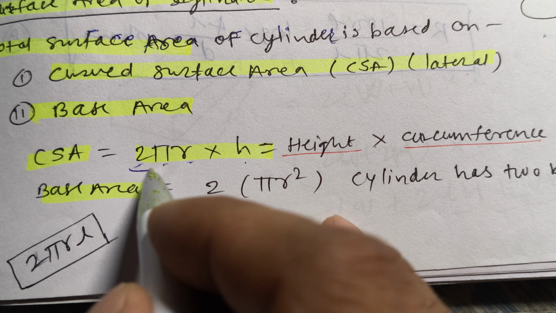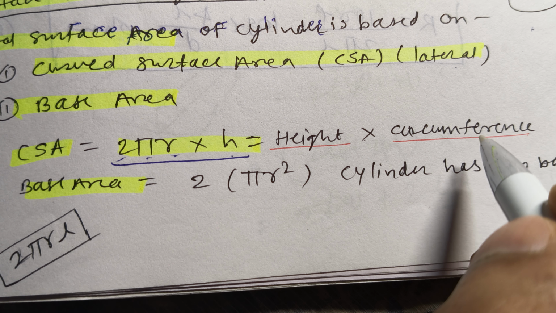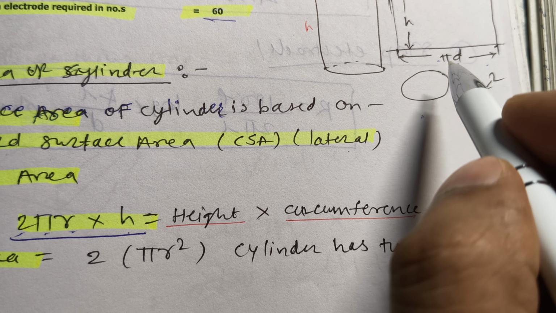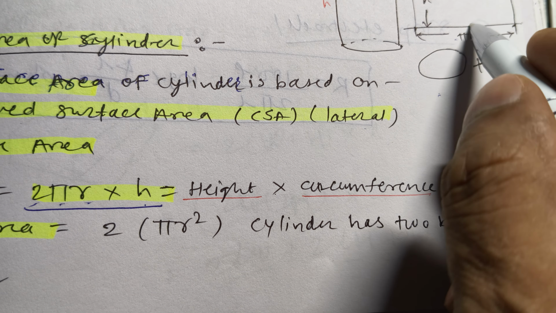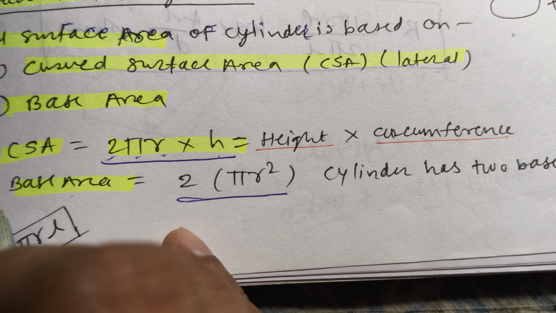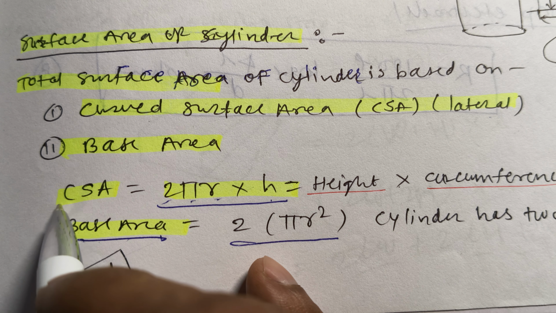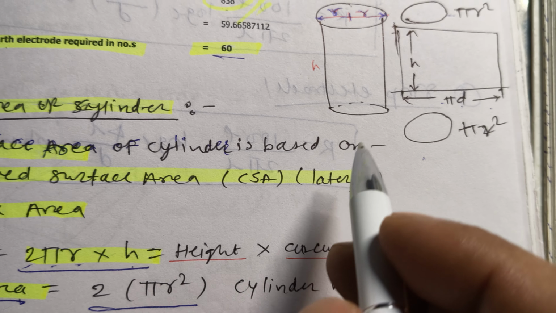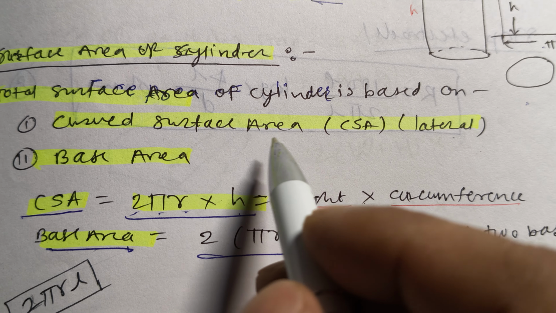It is 2 pi r into height, that is, circumference into height. Pi d is the circumference. So the base area is 2 into pi r square, and this is the curved surface area.